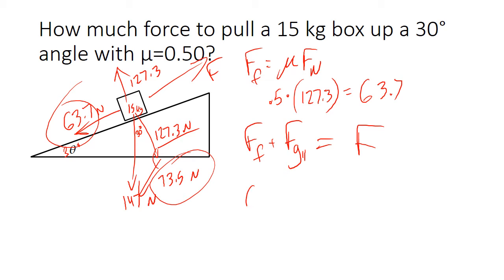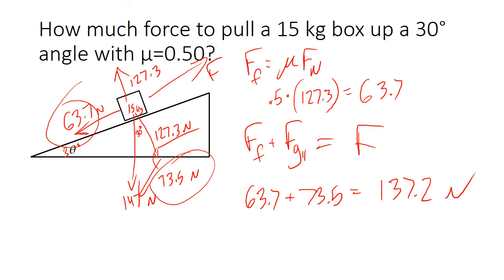So your friction is 63.7, and we have to add in 73.5. So 63.7 plus 73.5, and we get 137.2 newtons. So that's how much force it takes to pull up the box, right? Ta-da.